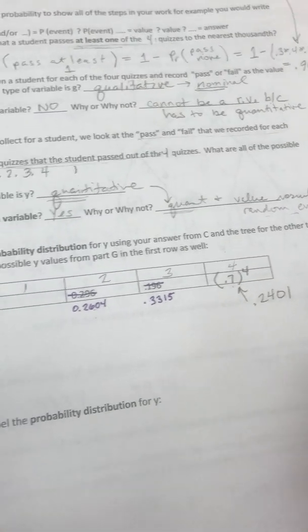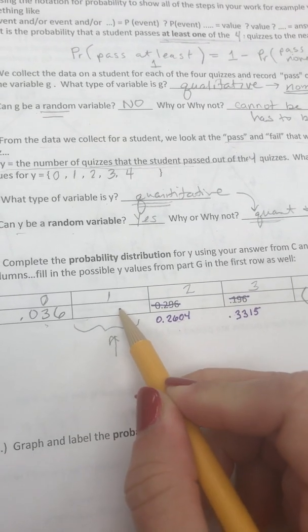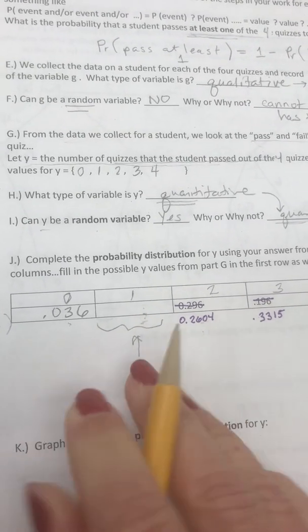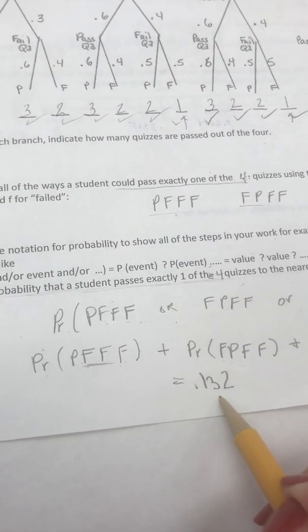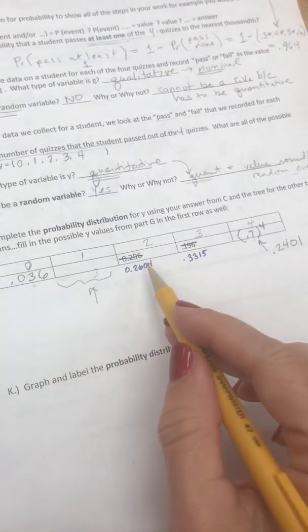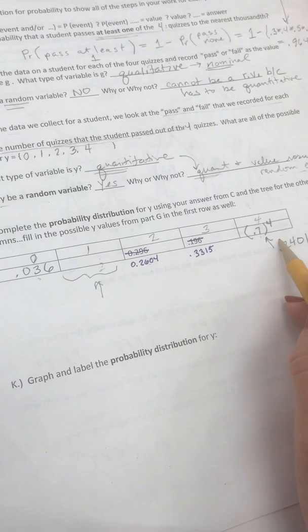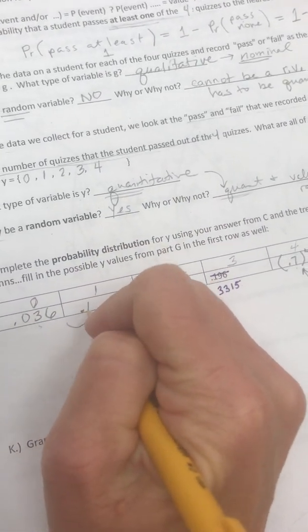Remember, the sum of all the probabilities has to equal 1. So let me just figure out what my missing value is. Oh, the probability of exactly 1. That was actually an answer to the first question. We said the probability of exactly 1 was 0.132. I don't even have to subtract the sum of the remaining cells from 1. This should be 0.132. I'm just going to check.